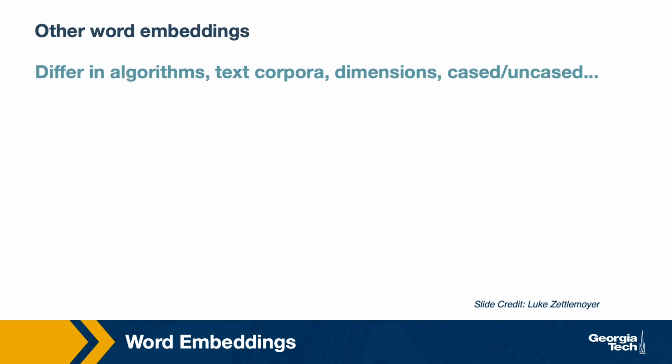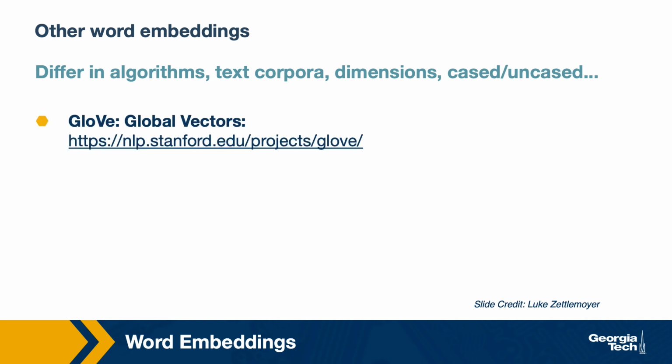There are other families of word embeddings which have also been widely used. They differ in several aspects such as algorithms, text corpora, dimensions, etc. For instance, GloVe, where the training of the embedding is performed on aggregated global word-word co-occurrence statistics from a corpus.